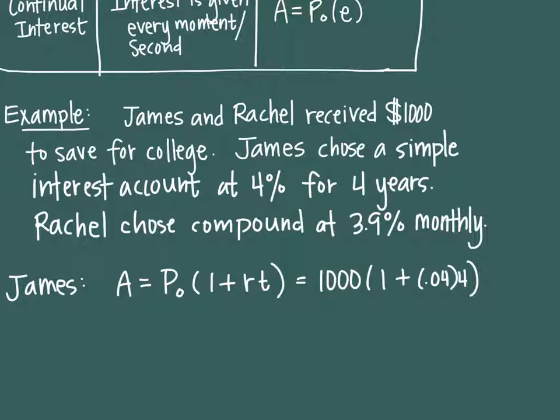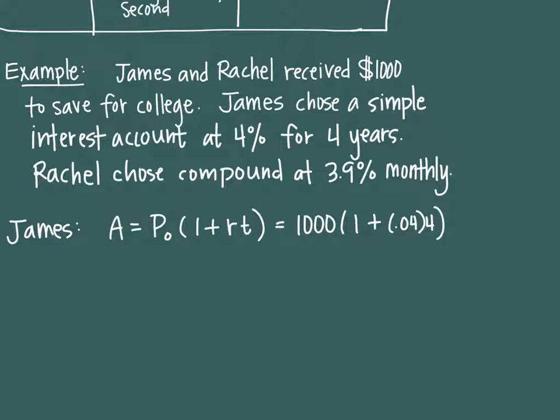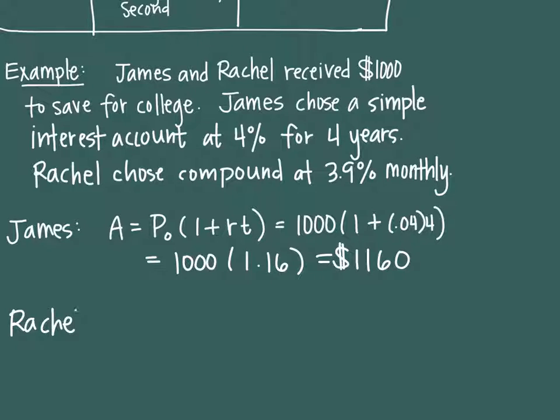Does someone who has a calculator out on their desk figure out how much James has sitting in his account? So this will be 1,000 times 1 plus, will end up to be 1.16. Okay, so who's got James's total? $1,160. That's just simple interest.